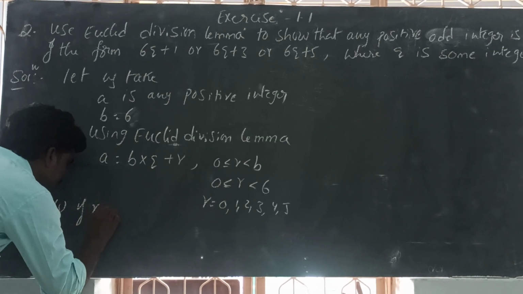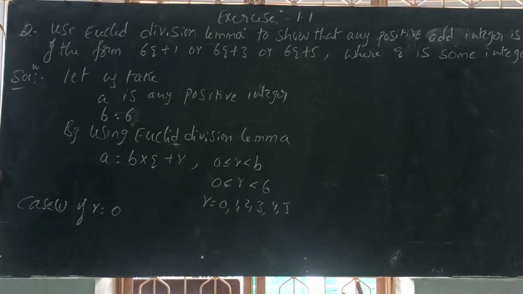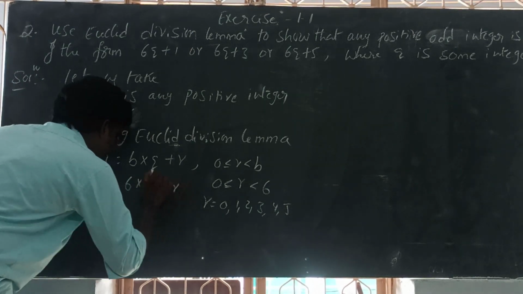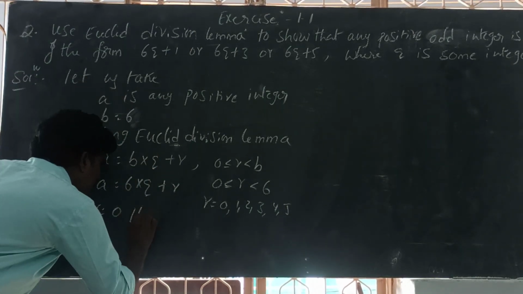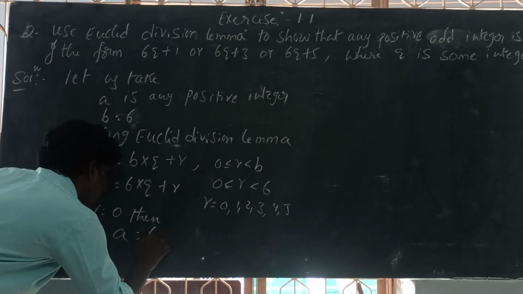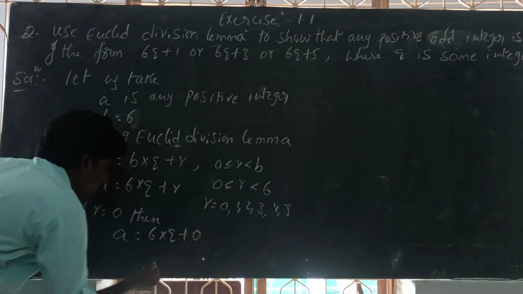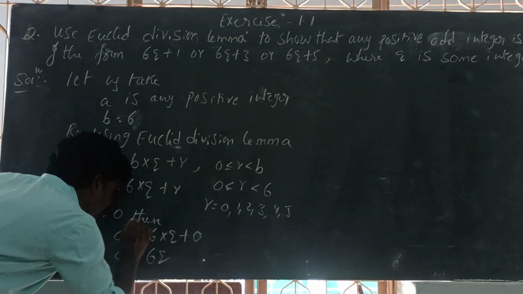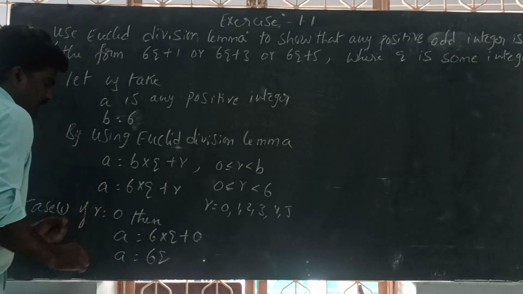Case 1: if r is equal to 0, then a is equal to 6 into q plus 0. Adding 0 gives the same, so a is equal to 6q.